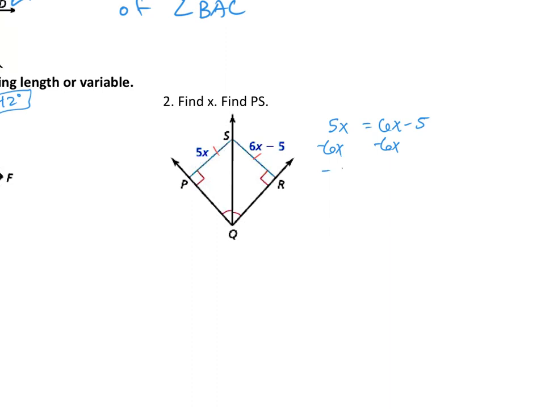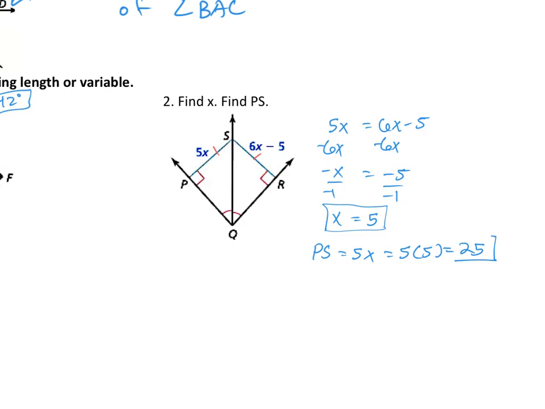This becomes negative x equals negative 5. Divide by negative 1. X should then be just plain old 5. I'm going to plug that back in to find PS. PS equals 5x equals 5 times 5, which is then 25.